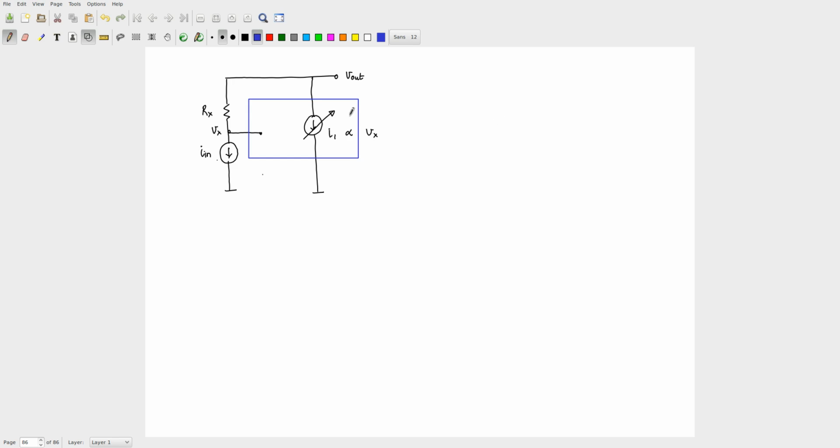So how do I make this into the MOSFET circuit? Let me first have everything else as it is. So that is I in, that is Rx. Now what should happen? How should the MOSFET come? I can make this thing the gate.